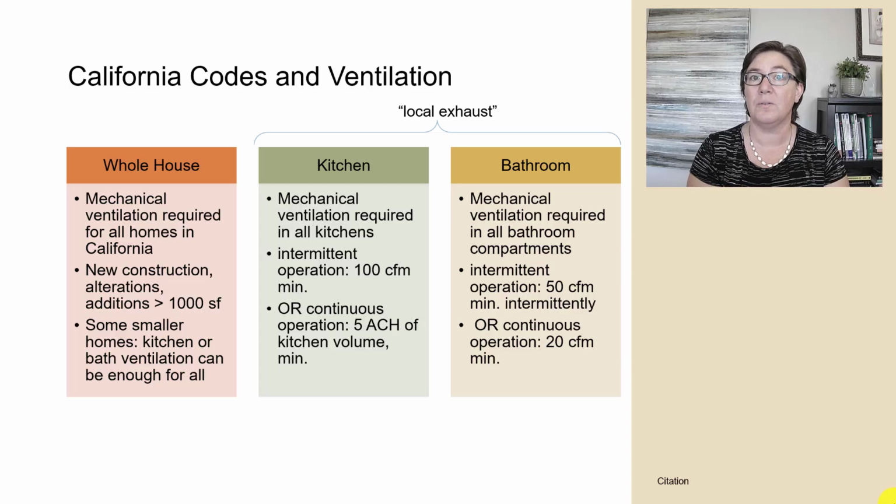There is a code required minimum of 100 CFM, and we'll see that in a little bit when we talk about how to size your ventilation equipment. In the bathroom, mechanical ventilation is required in all bathroom components. Again, this can be intermittent or continuous, and there is a code required minimum of 50 CFM.